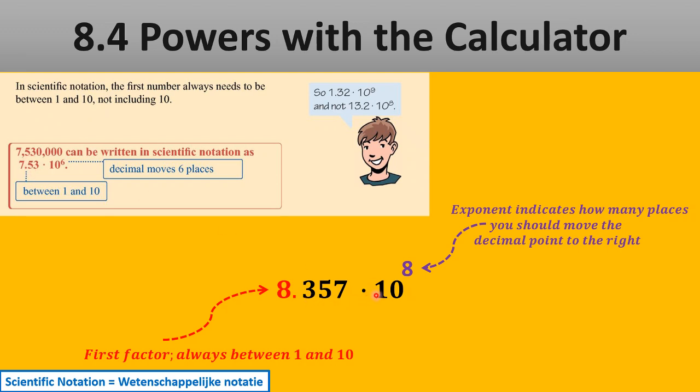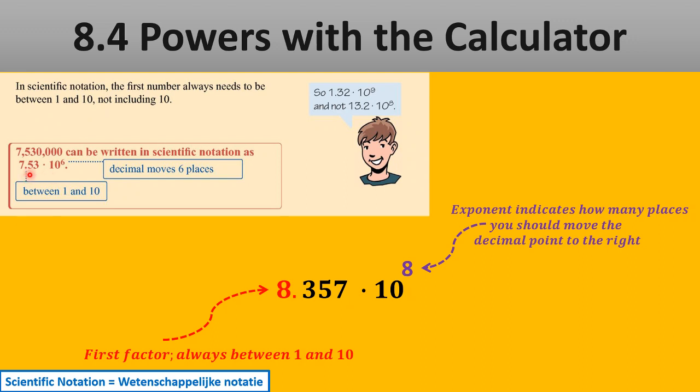And then you write down times 10, and the exponent of 10 is how many places I have to move my decimal point. So here it's 7.53 times 10 to the 6th power. Why?